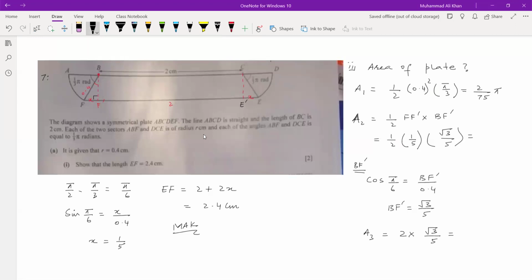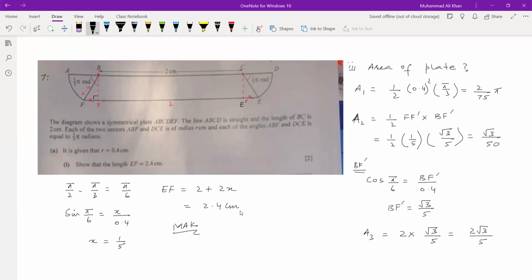And the second one, A2, is root 3 over 50. And the third one, A3, is 2 root 3 over 5.